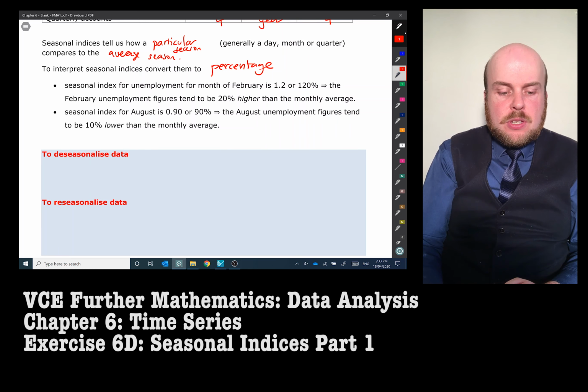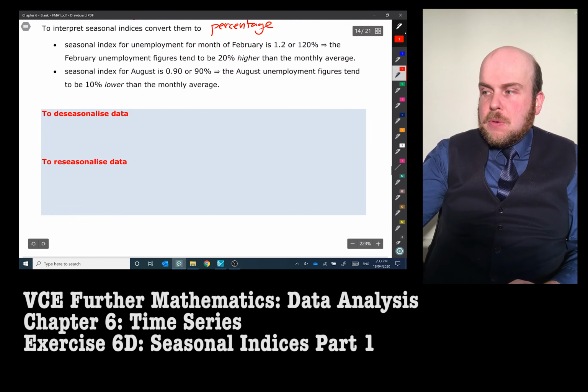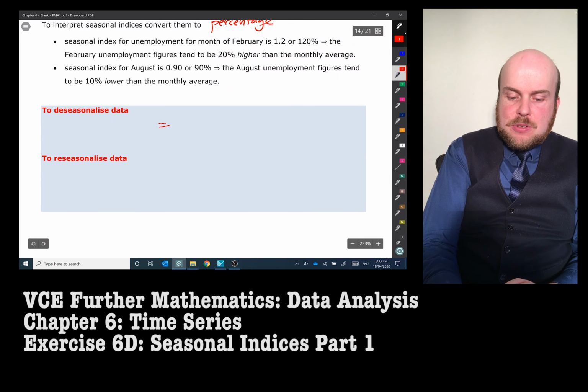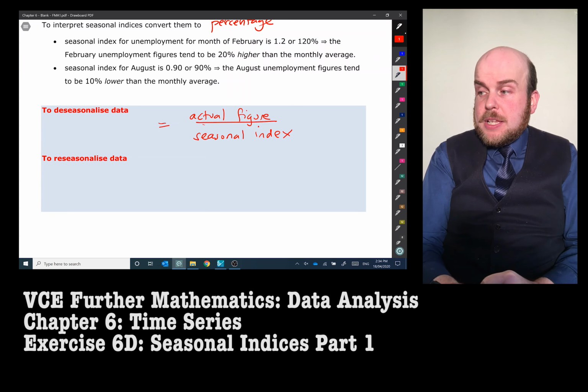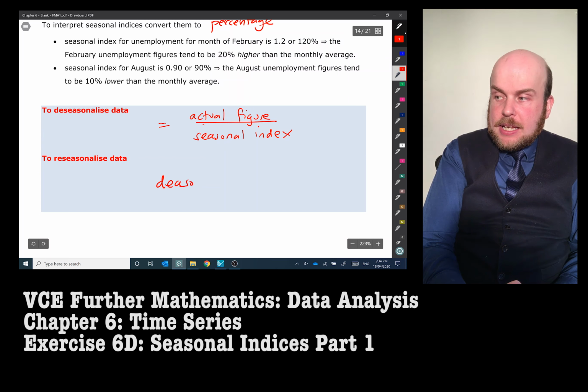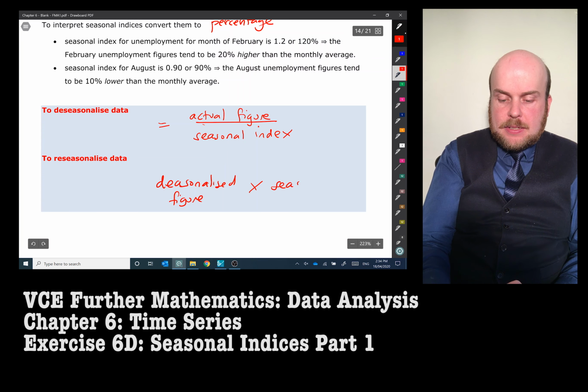To deseasonalize data, we need to take the actual figure and divide it by the seasonal index. To reseasonalize it, we take the deseasonalized figure and multiply it by the seasonal index.